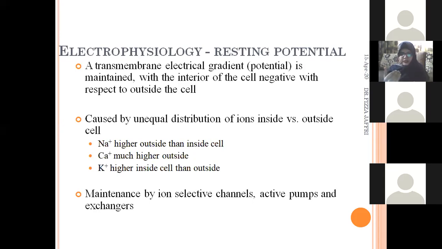You have certain ions extracellularly and intracellularly, sodium being the outside ion, calcium being the outside ion, whereas potassium is the inside ion. This gradient is maintained by certain ion channels and pumps such as the sodium potassium pump and sodium calcium pump, and some leaky channels.